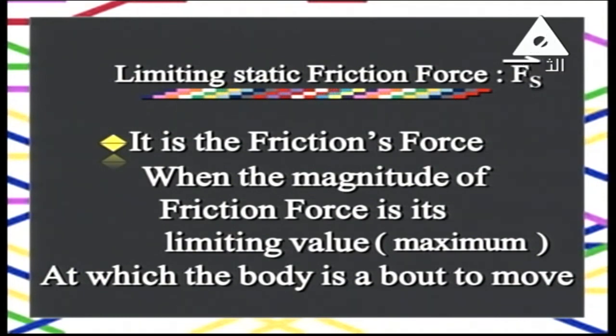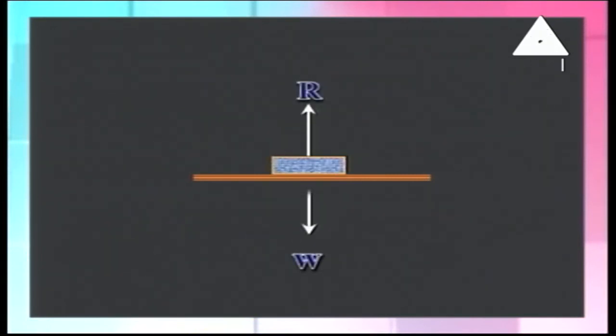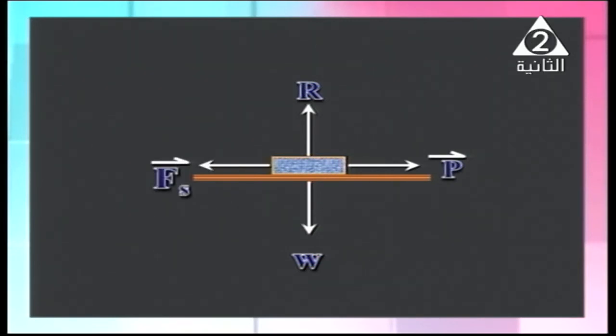This friction force appears when the magnitude of friction force reaches its maximum value, at which the body is about to move. Look at the body on the surface, it has weight and normal reaction, so it is in equilibrium, but B acts on the body. This body is rough, it has Fs. What is Fs? The limiting friction force.